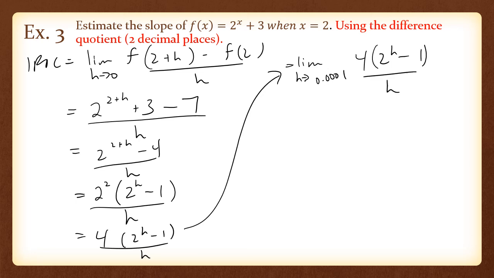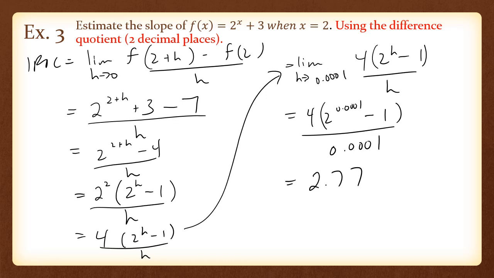That looks better, all over h. Put that all into your function, so 4 times 2 to that, minus 1, all over that. To 2 decimal places, you should get positive 2.77.